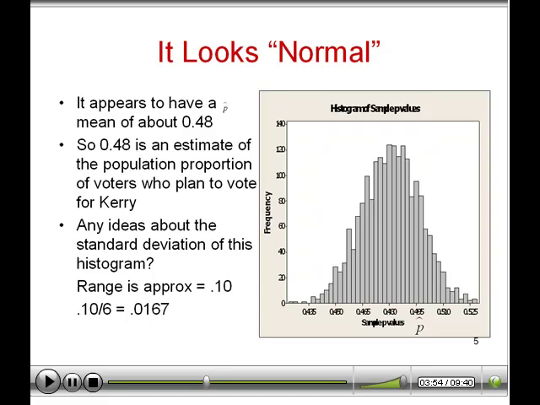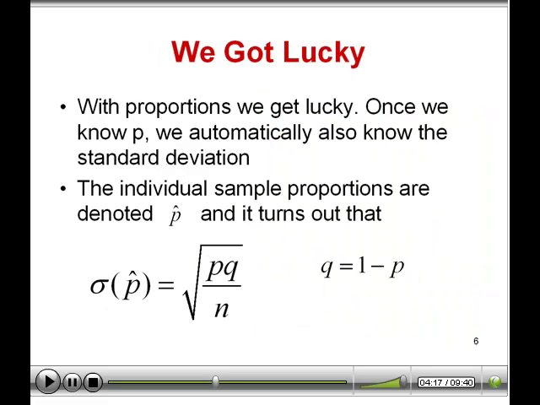One other detail I'd like to point out is that the horizontal axis is labeled sample p-values and p-hat. P-hat is the symbol for a single sample proportion, and what we have is a graph of 2,000 sample proportions. The truth is, we do not have to estimate the standard deviation of this distribution of sample proportions.